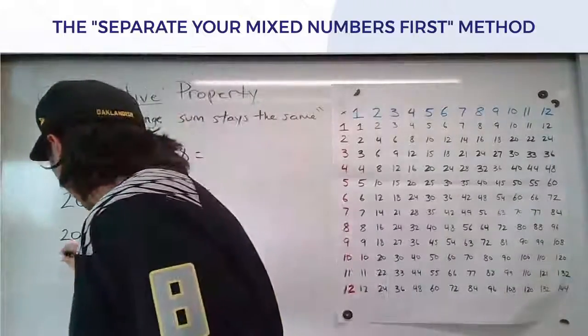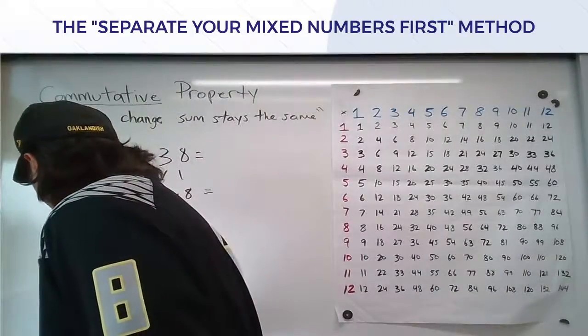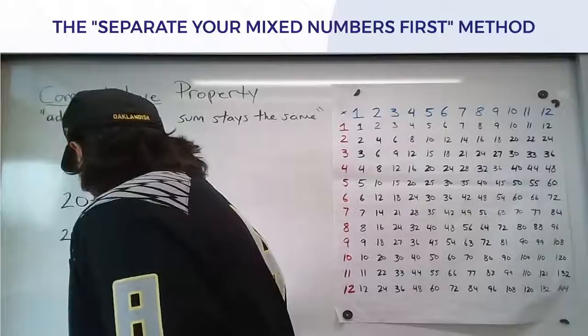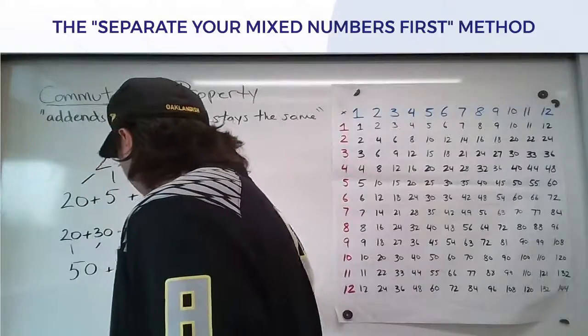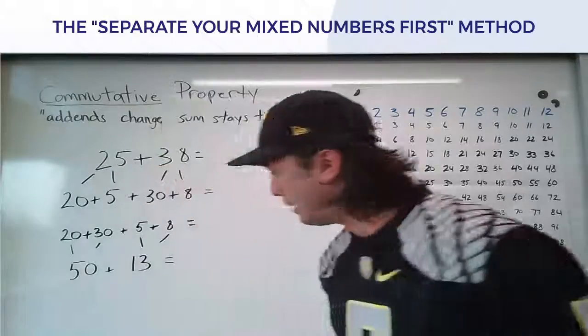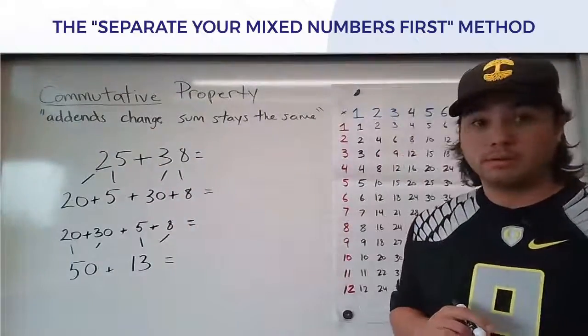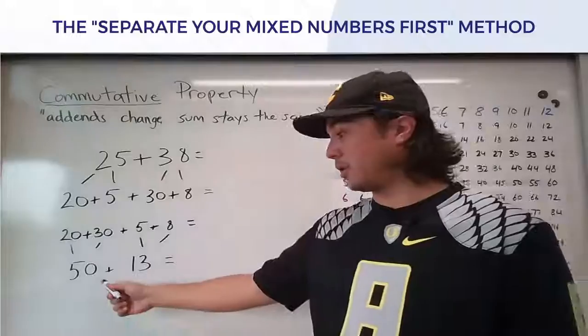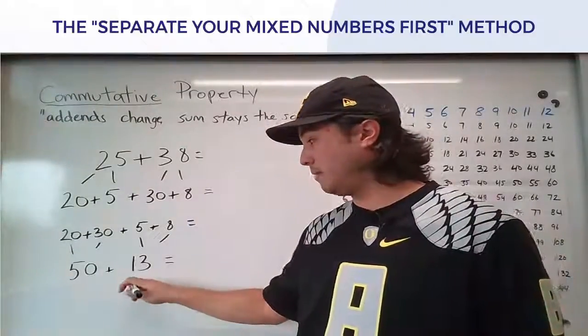Now, let's add 20 plus 30 to get 50. And let's add 5 plus 8 to get 13. And now, we could even go a step further and go 50 plus 10.